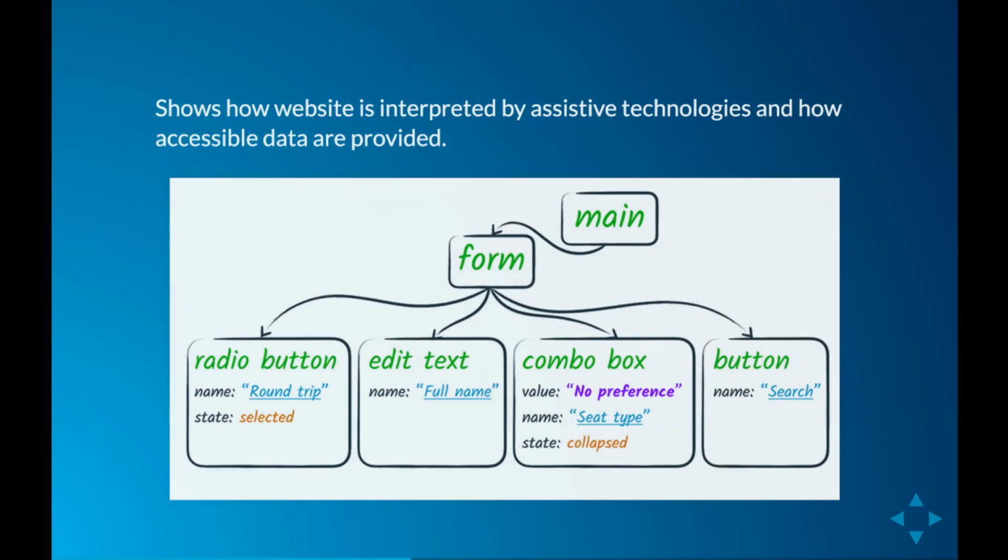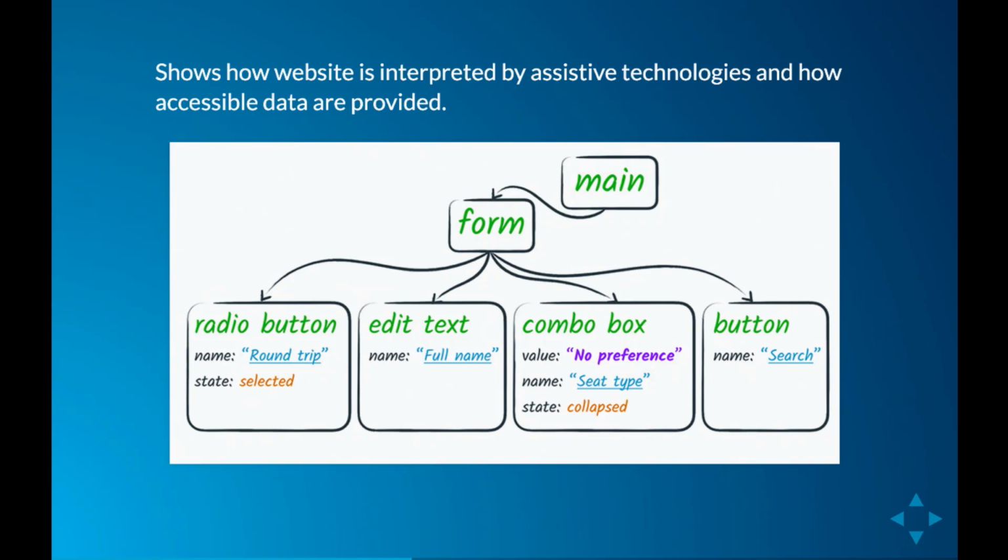Okay, so this screenshot shows a typical flight booking form. You have radio buttons to select either a one-way trip or a round trip, a name input, a seat type drop-down list, and then a search button, right?